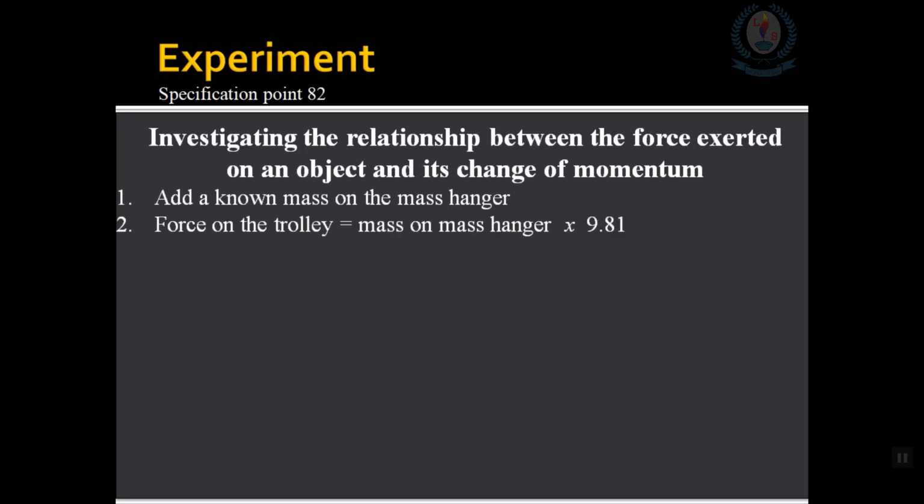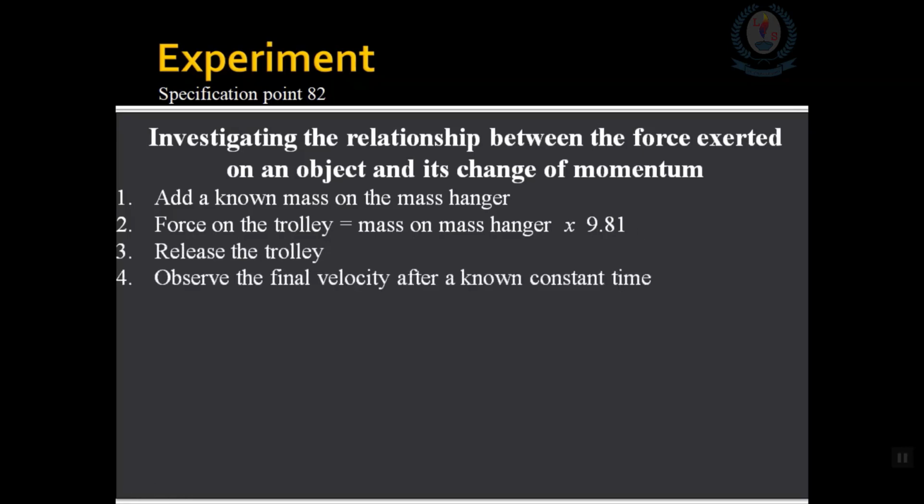Then the force acting on the trolley will be equal to the mass on the mass hanger multiplied by 9.81, which means the weight on the mass hanger. Then we release the trolley and we observe the final velocity after a known constant time. This can be done by the motion sensor. That's why we say observe, otherwise we could have said calculate.